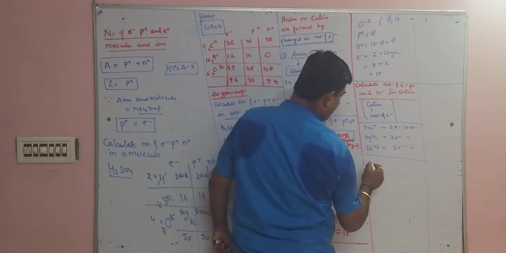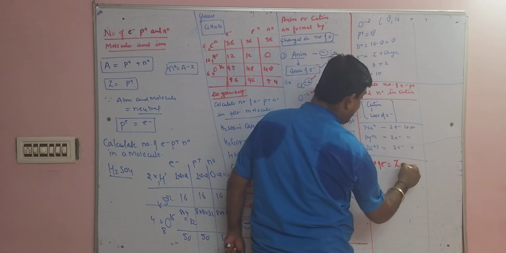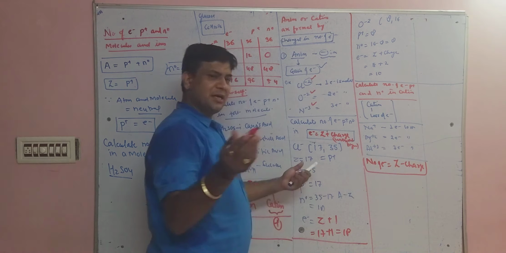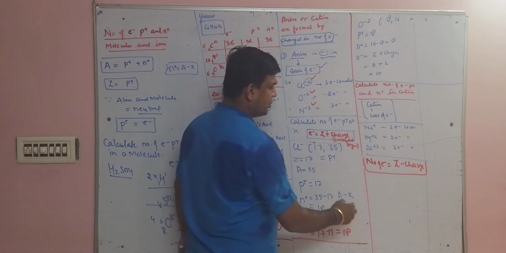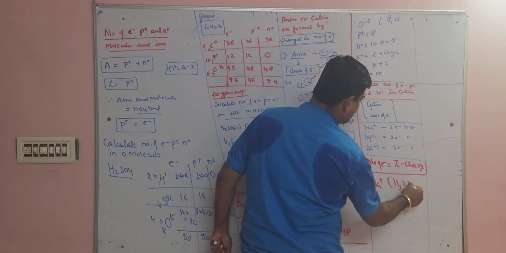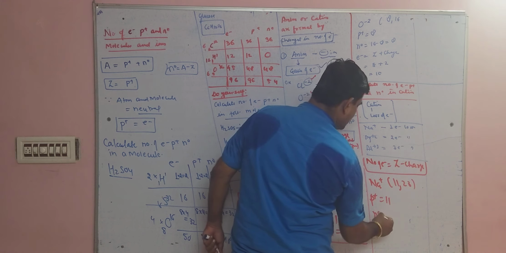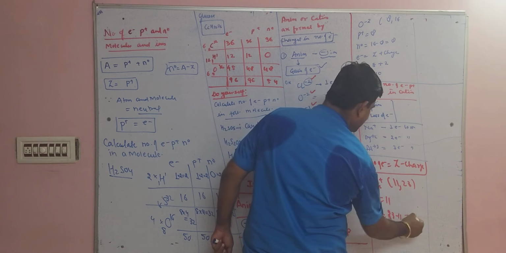So the number of electrons is equal to Z minus charge. In this case, Z is the number of protons and you subtract the charge. For example, sodium plus has been given to you, 11 and 23 are there. Protons are equal to 11, neutrons are equal to 23 minus 11, which is 12.